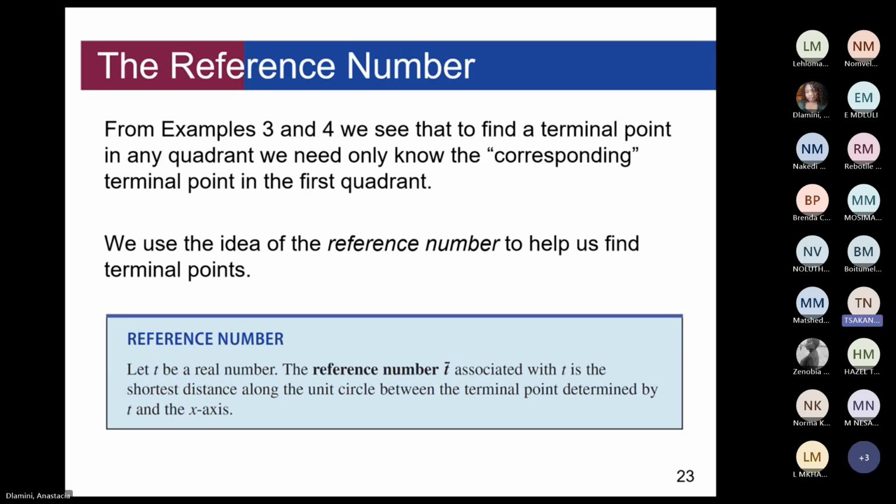Yes, ma'am. So now they say use the idea of reference numbers to help us find the terminal point. Now we're going to use what we call the reference number. Let t be a real number. The reference number t-bar associated with t is the shortest distance along the unit circle between the terminal point determined by t and the x-axis.